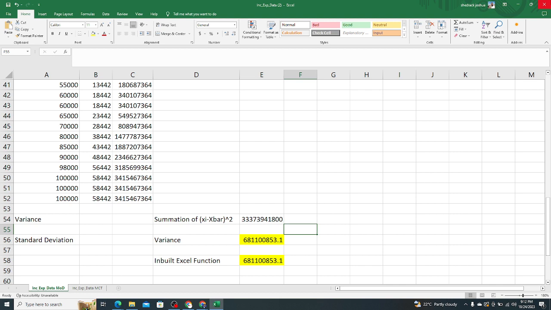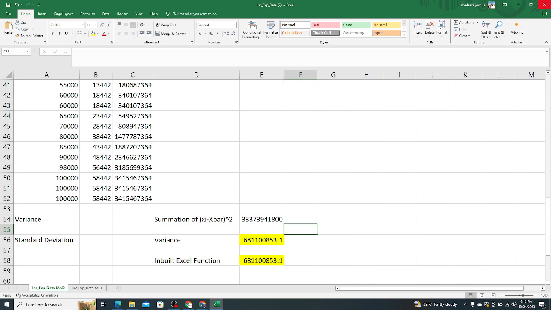Basically, in our context, this variance is trying to represent a statistical measure of how much the individual income data points deviate or spread from the mean.